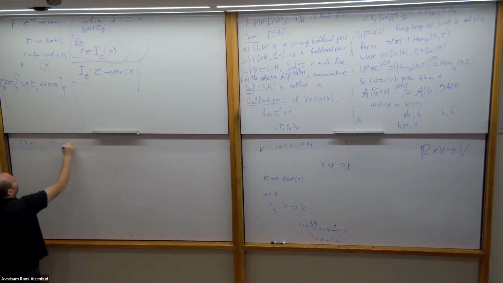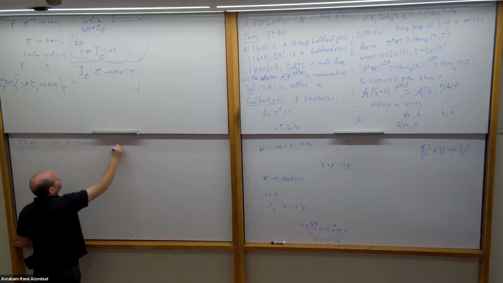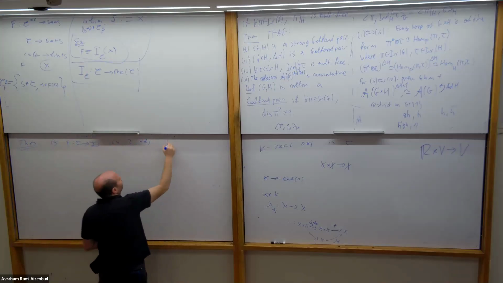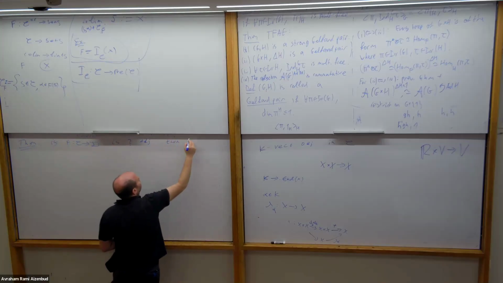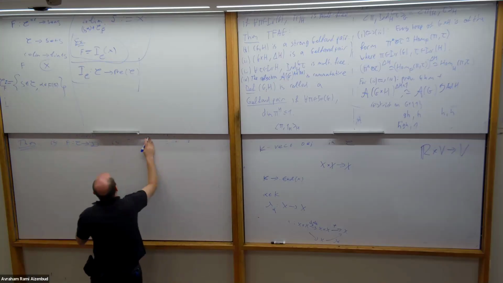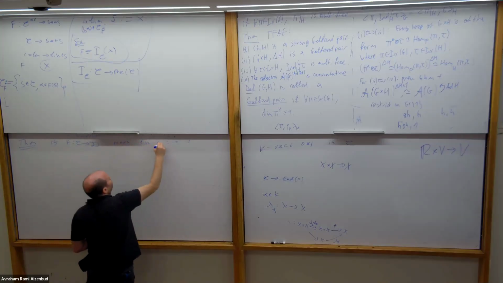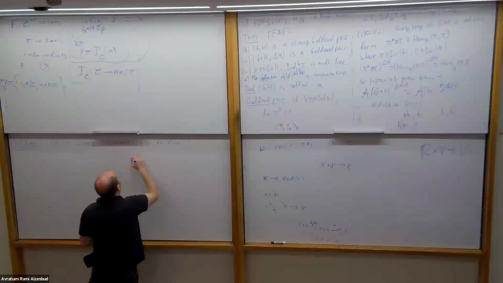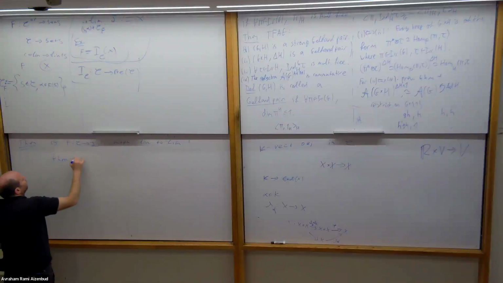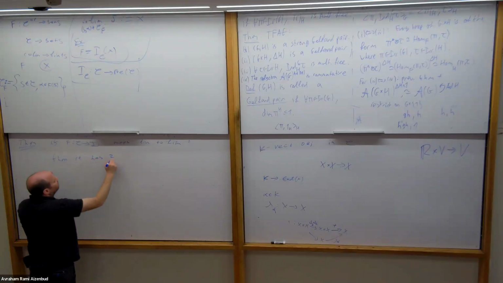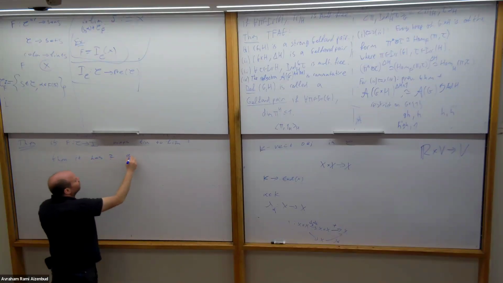If F from C to D is a functor that maps limits to limits, then it has a left adjoint. I think left.